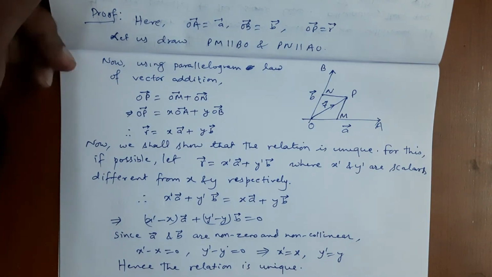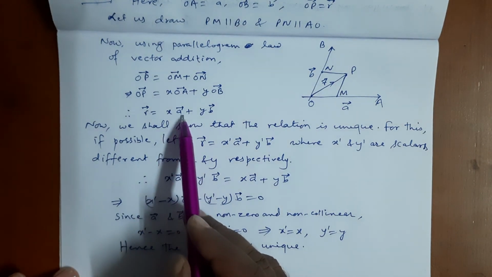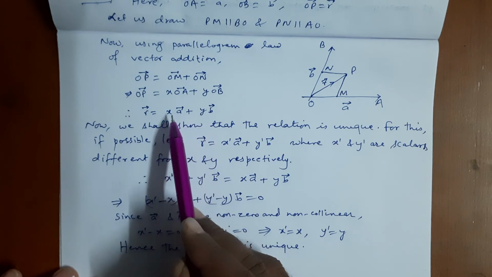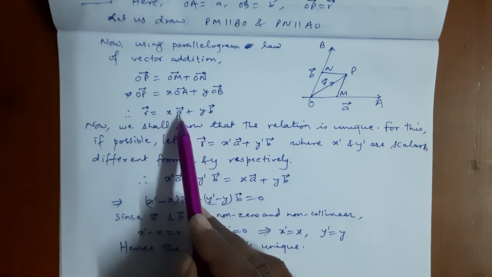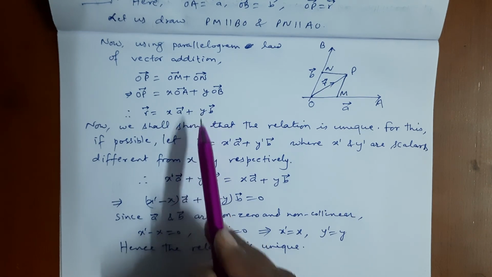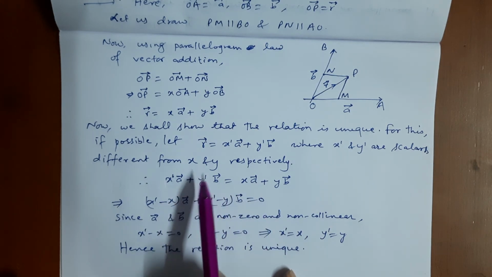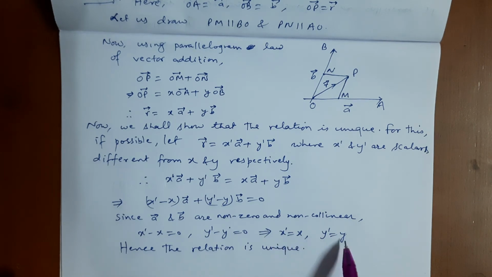In this way, we have represented vector r in terms of two vectors a and b, given vector a and b. This shows that every vector in the plane can be expressed as the vectors parallel to two given vectors. And we also have shown that this relation is unique because we supposed scalars different from x and y, but the scalars became equal.